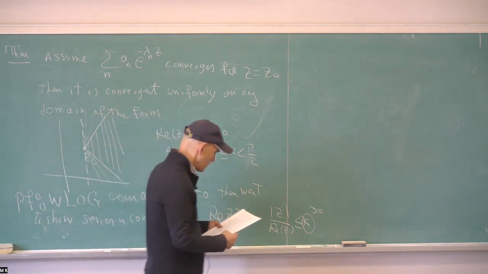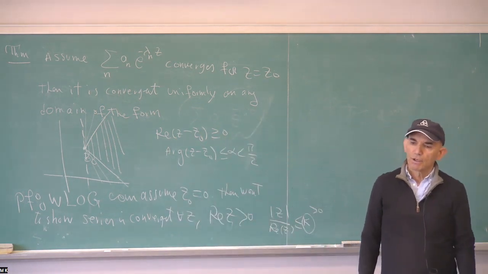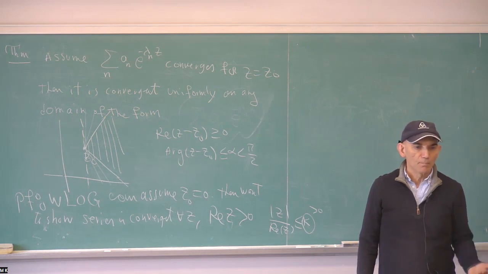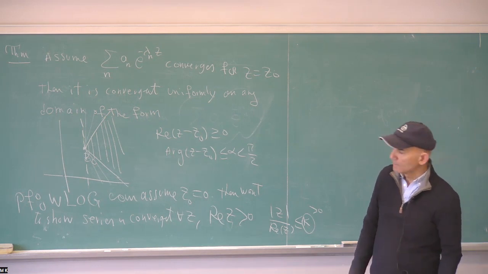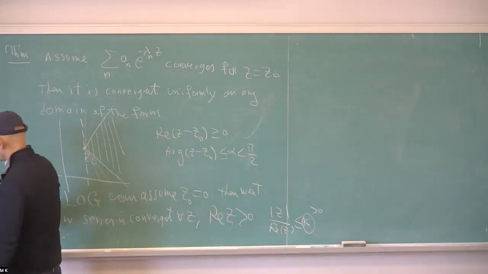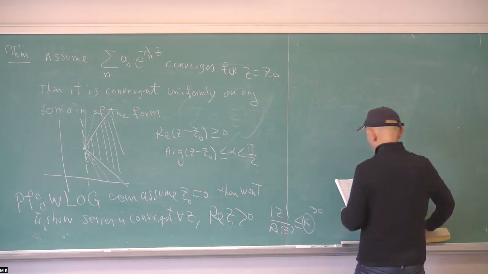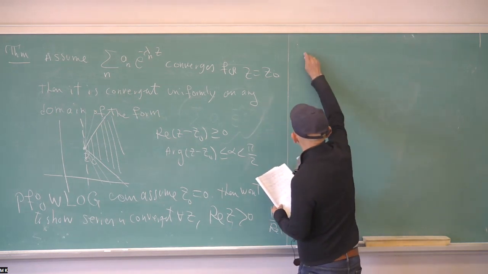All right. So then the rest is an application of Abel's trick, in other words, discrete integration by parts. So now let epsilon be positive.